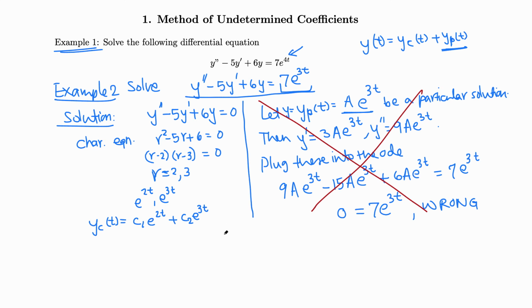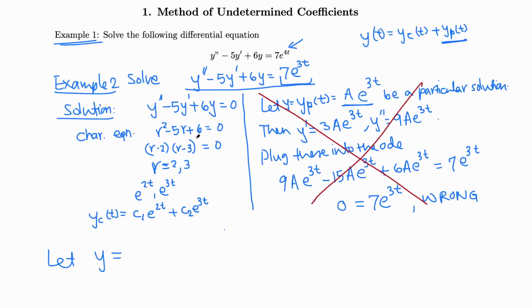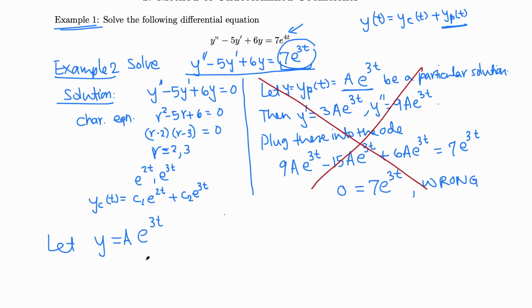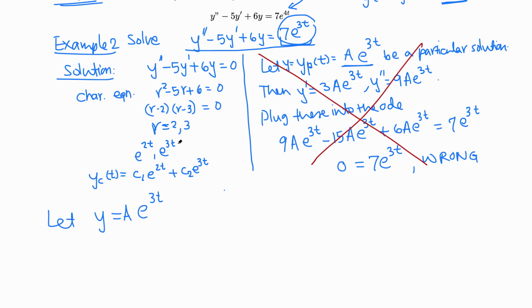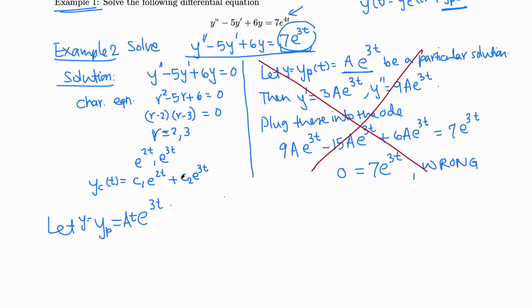So let y equal, looking at the right hand side, e^3t and a. But e^3t is already there, so we multiply by t. If there is another e^3t, then we have to multiply by t one more time so that it works. So let this be a solution, yp by the way, and we can just call it y.